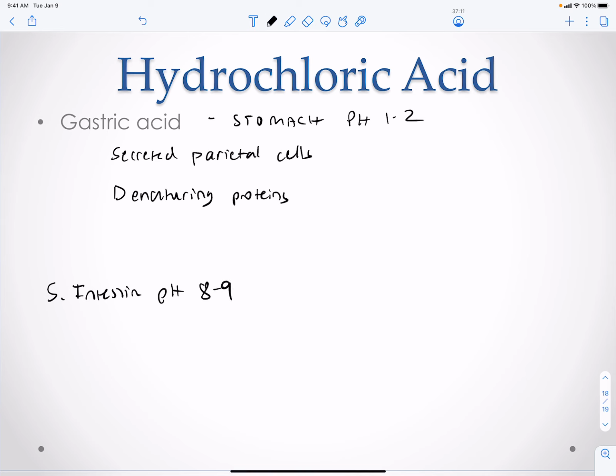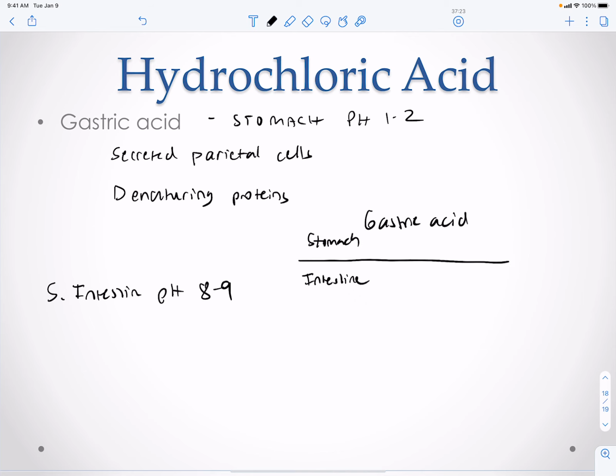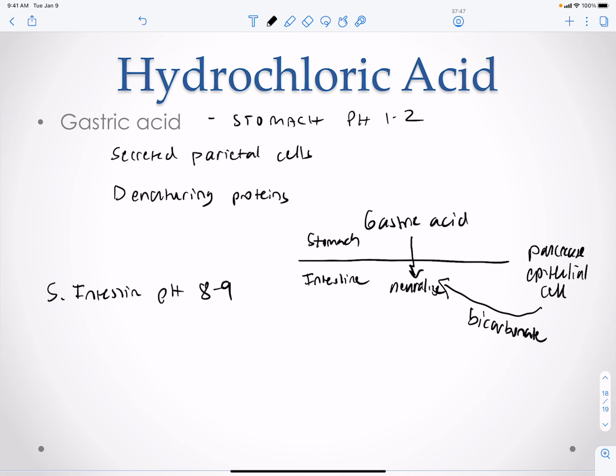And so when gastric acid enters the small intestine, you have your pancreas epithelial cells, and they will secrete bicarbonate, and this will neutralize your gastric acid as it enters the intestine.